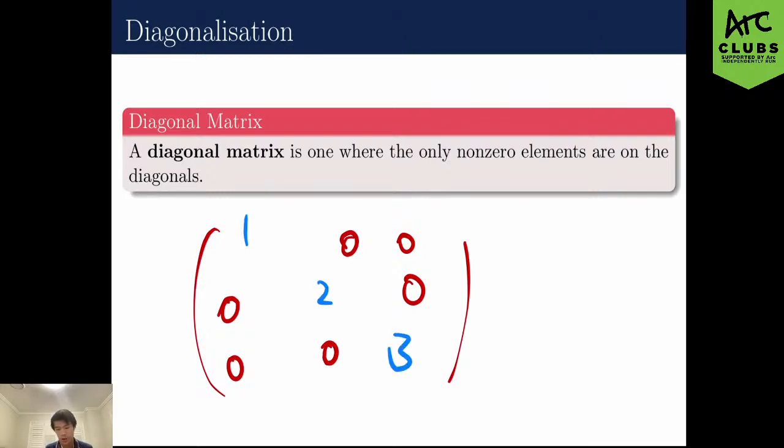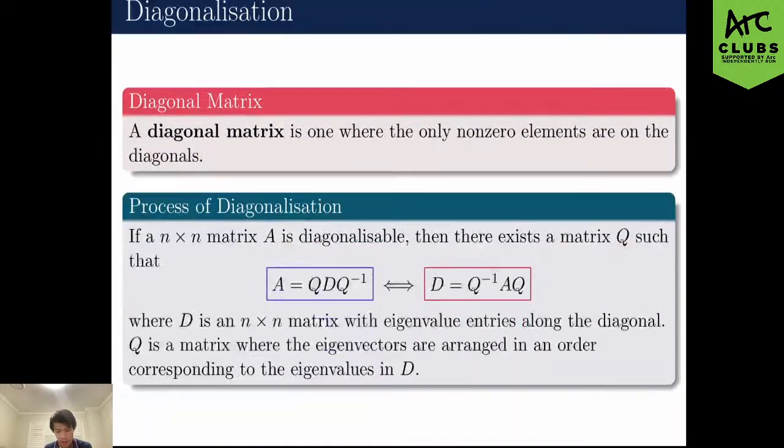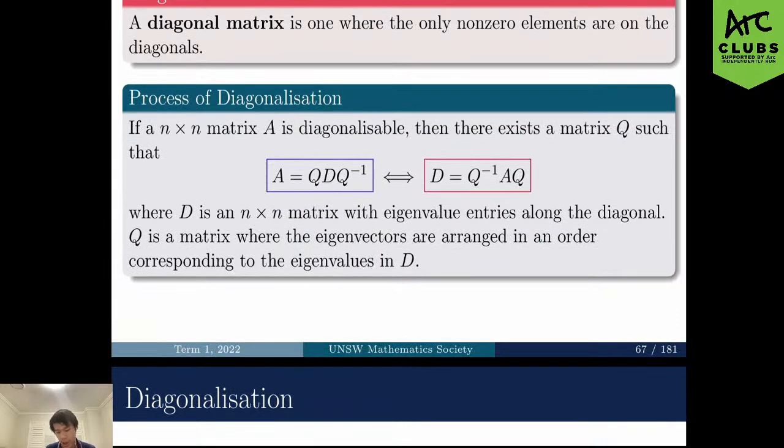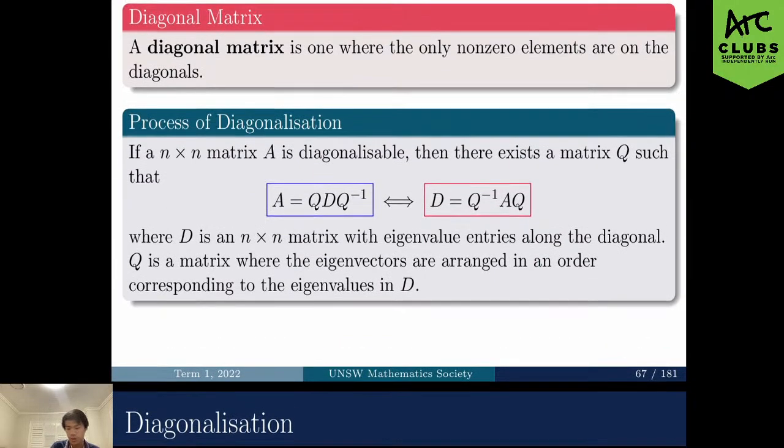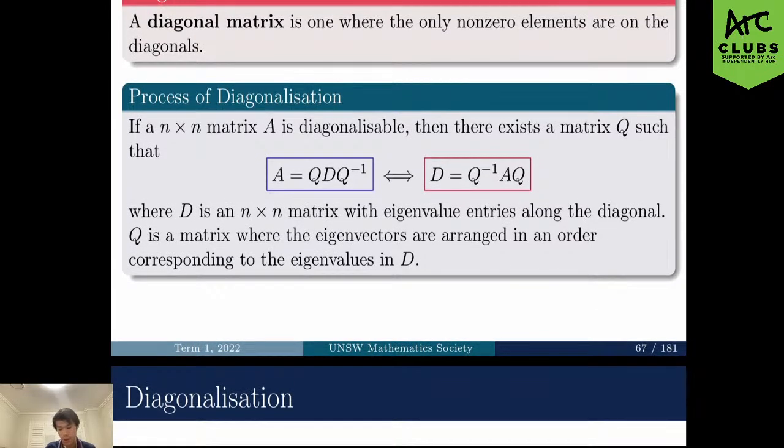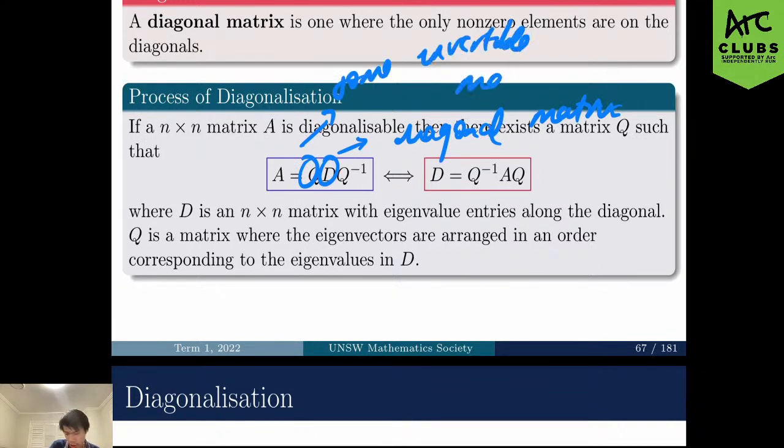So that's a diagonal matrix, and the deal is that if we have a diagonalizable matrix A, then we can actually write it in this form. This will be a diagonal matrix, and this will be some invertible matrix. And it looks really complicated, but the process is super simple.